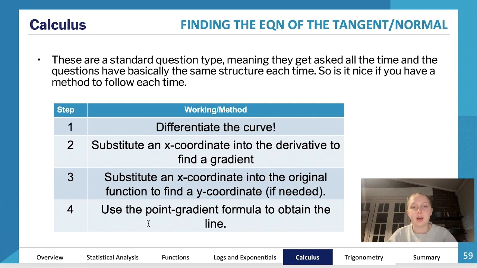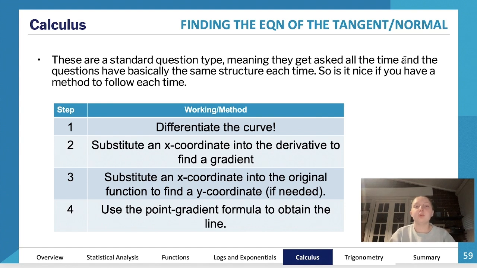So you've got y minus y1, which is the y coordinate you found, equals m, which is the gradient we found, x minus the x value we found that gradient at. Then obviously if you're finding the equation of the normal, you use the reciprocal of your gradient. And then you can use the same x and y coordinates. And yeah, that is how we find the equation of the tangent or the equation of the normal.